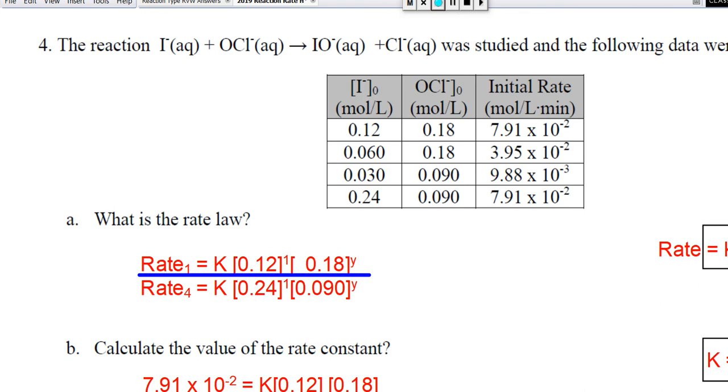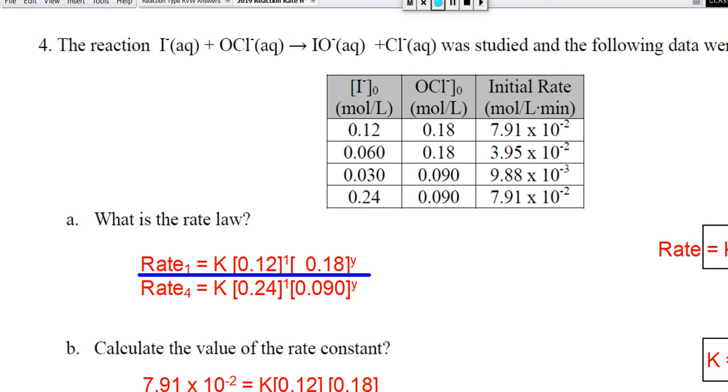Solving for the OCl is going to be a lot harder because none of these values for iodine are the same. So we're like, which one am I going to choose? So one method that you'll see is they'll write one reaction rate over the other reaction rate and fill in everything you know.